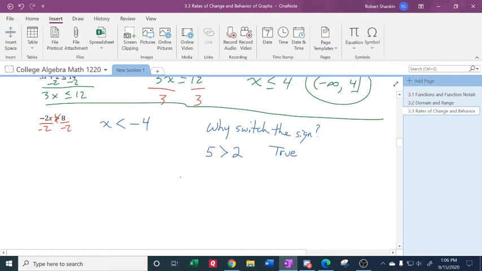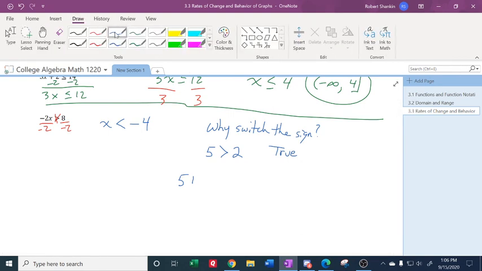Let's suppose I add 10 to both sides. Plus 10 to plus 10. It's still true. 15 is greater than 12.